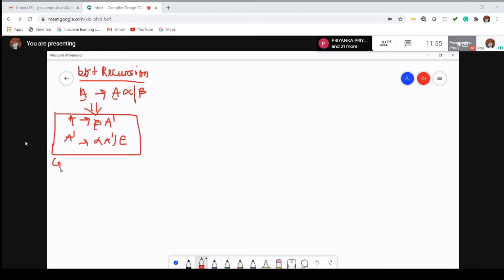Let my grammar G consist of several productions. It will be E to E plus T or T, then T to T star F or F, and F to bracket of E or ID.